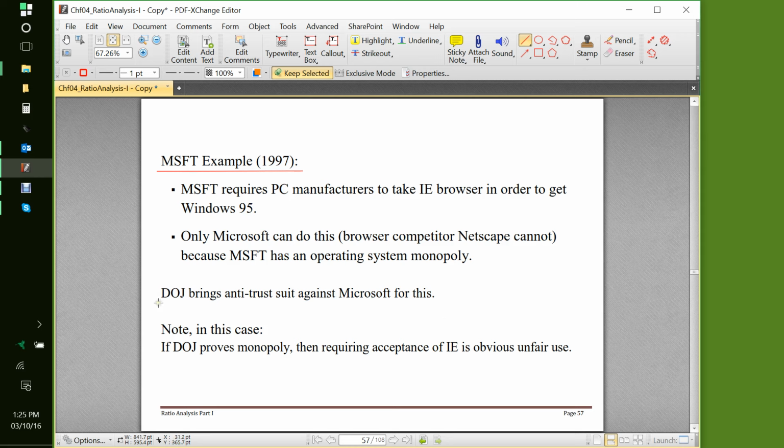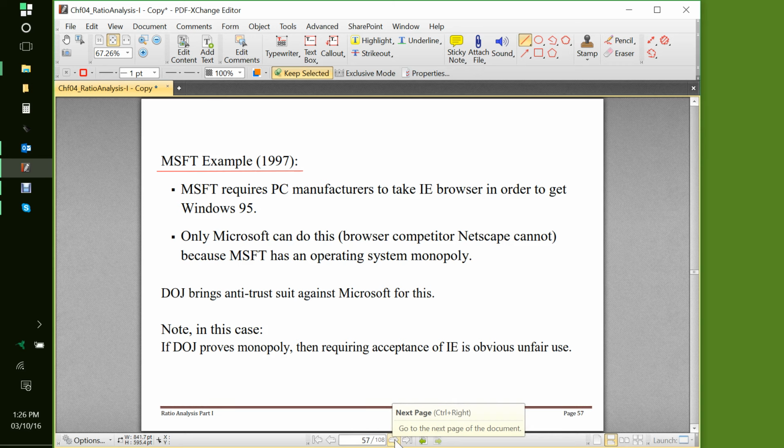As a result, Netscape and others lobbied the Department of Justice to bring an antitrust suit against Microsoft, and they did. Let's think about this a little bit. If the DOJ proves that Microsoft is a monopoly, then the knowledge that Microsoft requires its customers to accept Internet Explorer is obviously an unfair use.